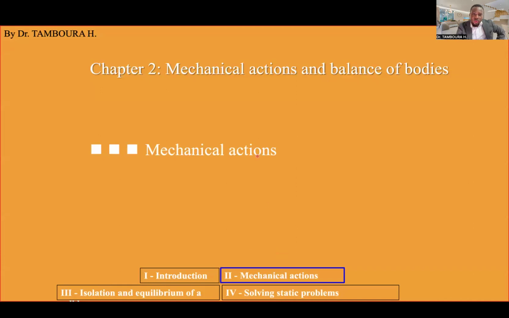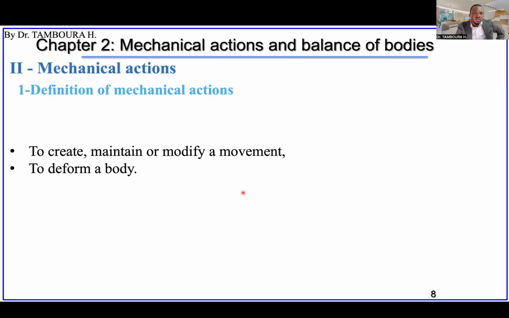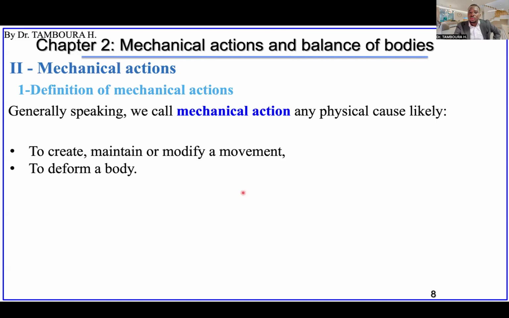So this is the core of this chapter, of this video, mechanical actions. Okay. So definition. Generally speaking, we call mechanical action any physical cause likely to maintain a body at rest, or create, maintain, or modify a movement.